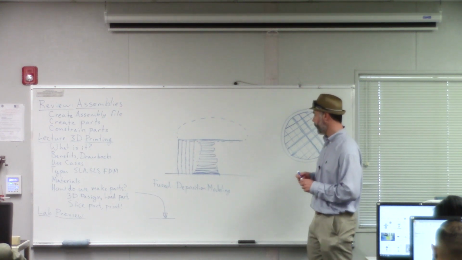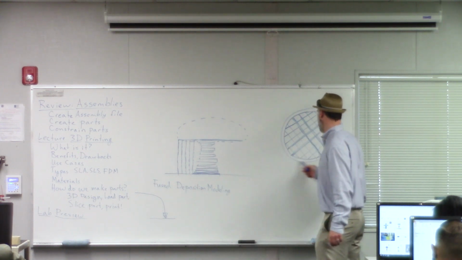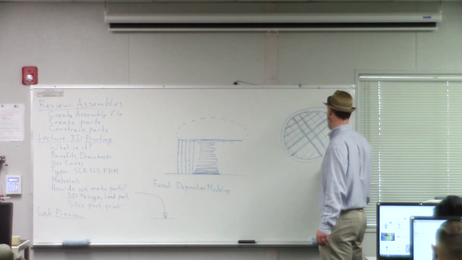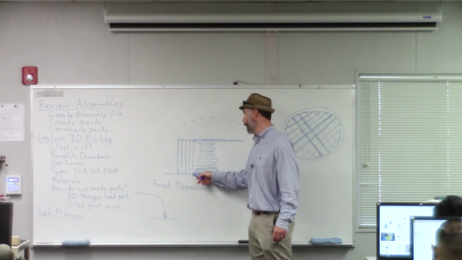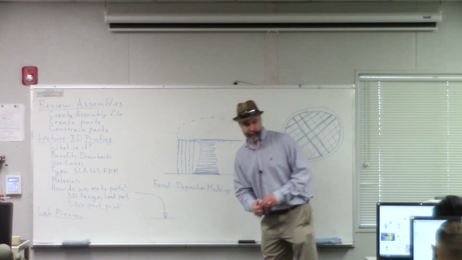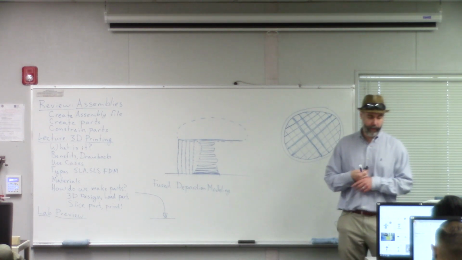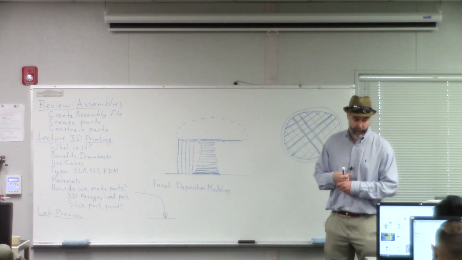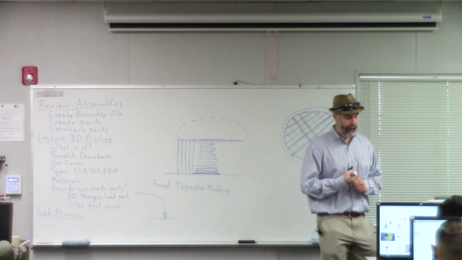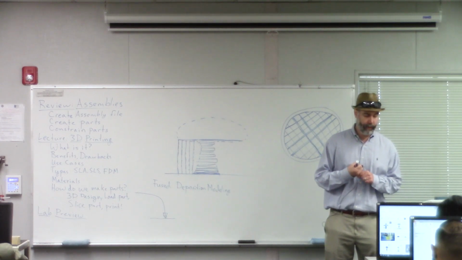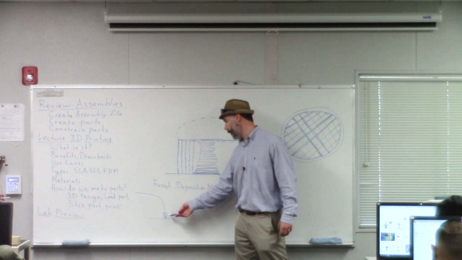So it figures out that this bottom layer should be a cylindrical outer shell with this much infill, and we're going to add these extra support things there. It does that for each layer of your part, and then it creates a pattern that the printer head is actually going to follow.